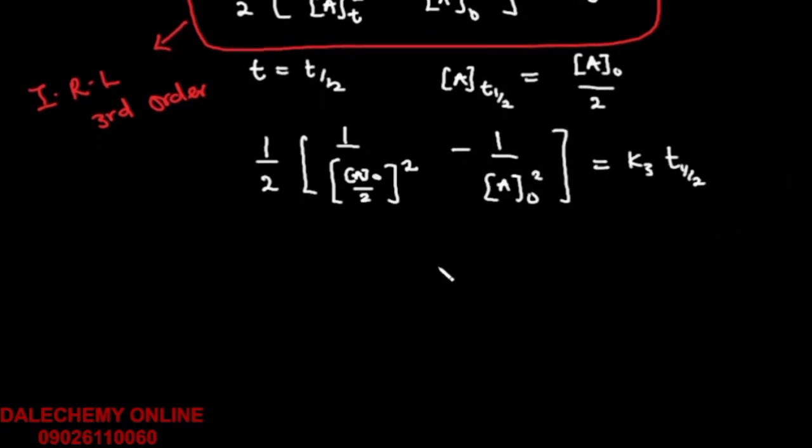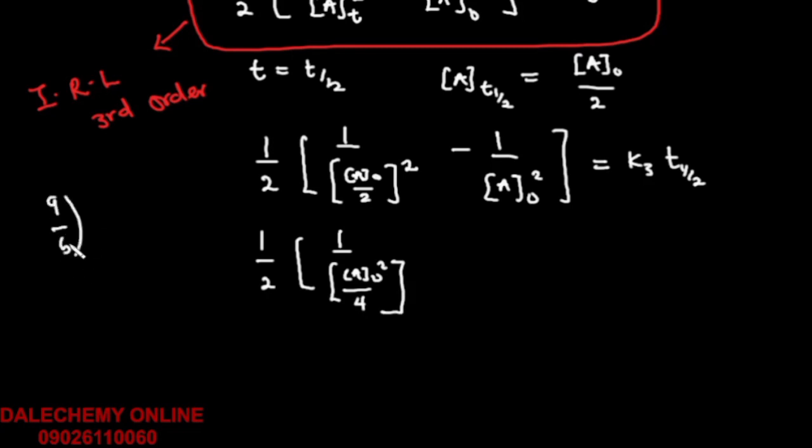Okay, now we have 1 over 2, 1 over, so this becomes a naught square over 4 because 2 square is 4. Don't forget law of indices. When you have this, it should be a square over b square. So the same thing here. I need to make this bracket a little bigger.